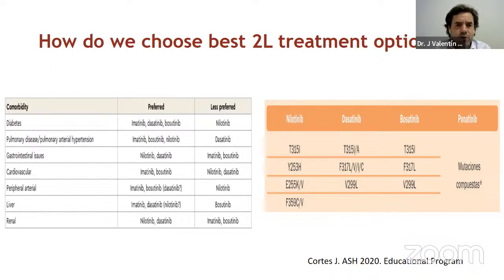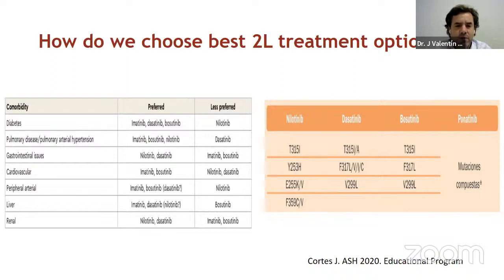It is also very important to take into consideration that around 15 to 20% of the patients that will fail imatinib or later lines are related to a mutation that confers resistance in a specific patient.